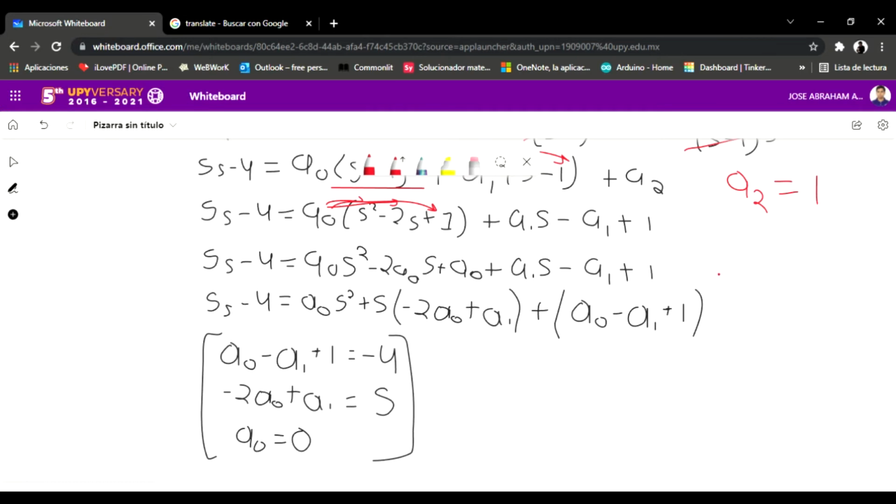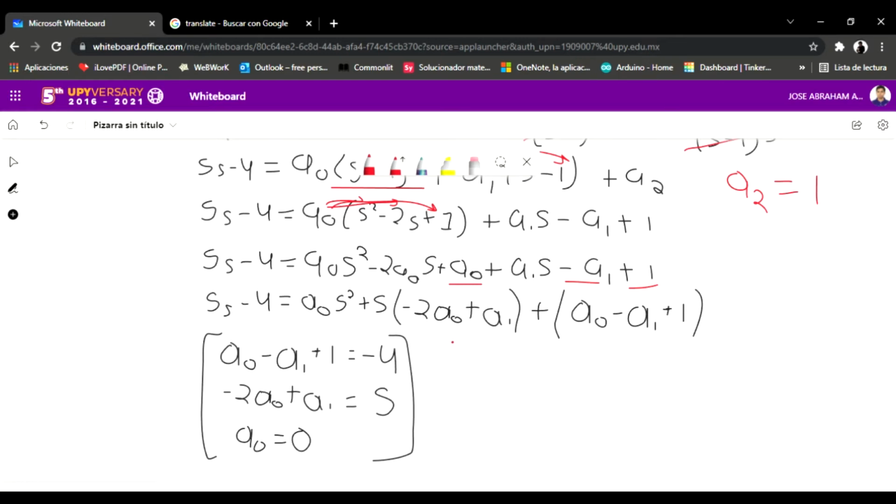Okay, and then to find the values for a0, a2, and a1, we have to put together, on this side of the equation, the terms that don't have an s. So here we have the a0, minus a1 and the 1, so we have this in brackets. Remember that this is from this side of the equation.